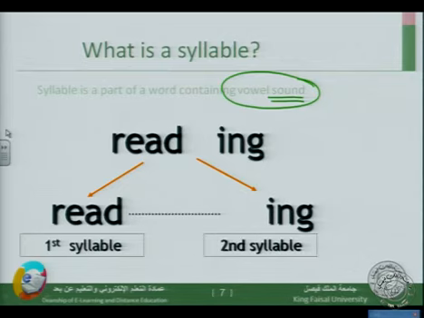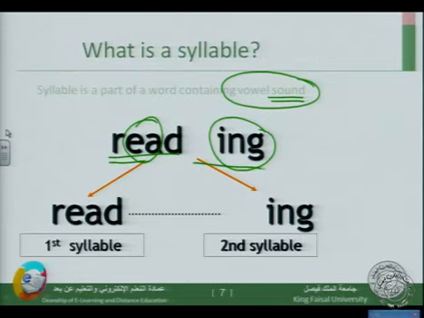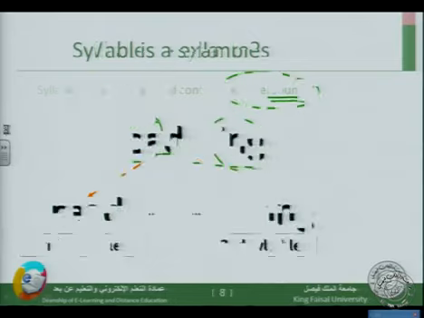How many syllables do we have? Reading. We have two syllables. The first syllable has a vowel sound, E, read, and ing. So we have two syllables, the first syllable and the second syllable.